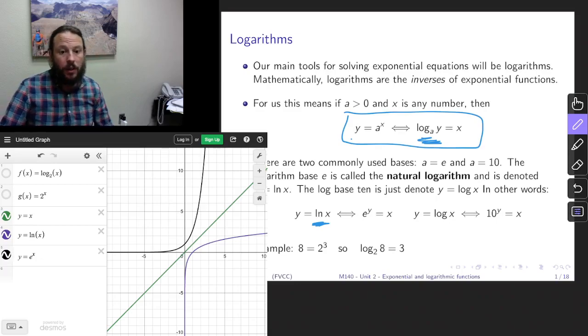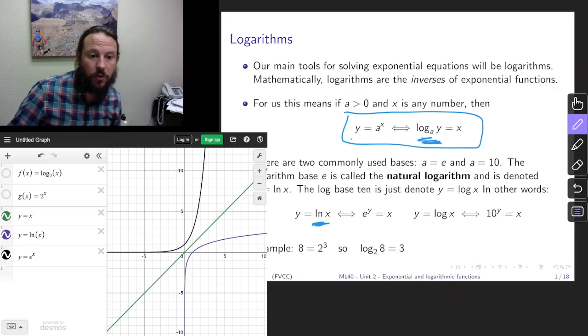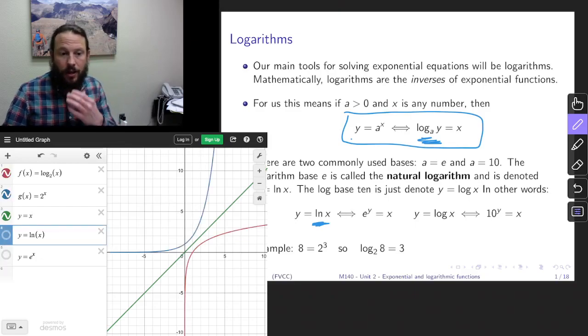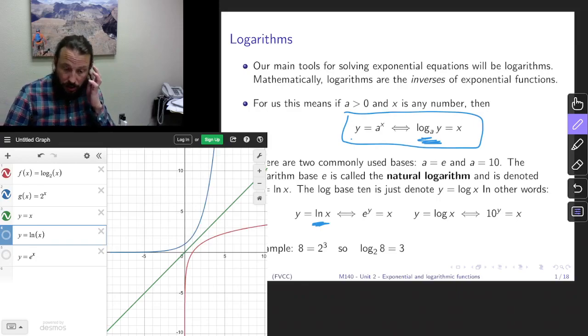Okay. Now, the example here went over a little bit, and I'm going to put in those two functions. Let's take a look at 2 to the x and log base 2 of x.